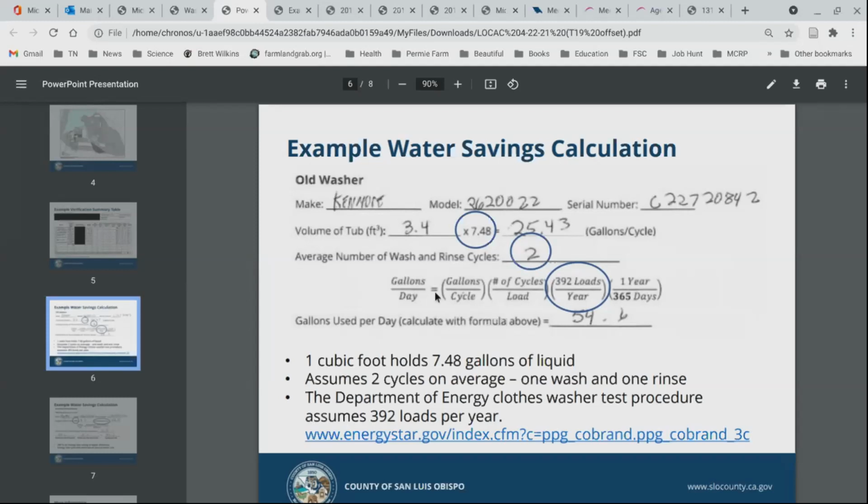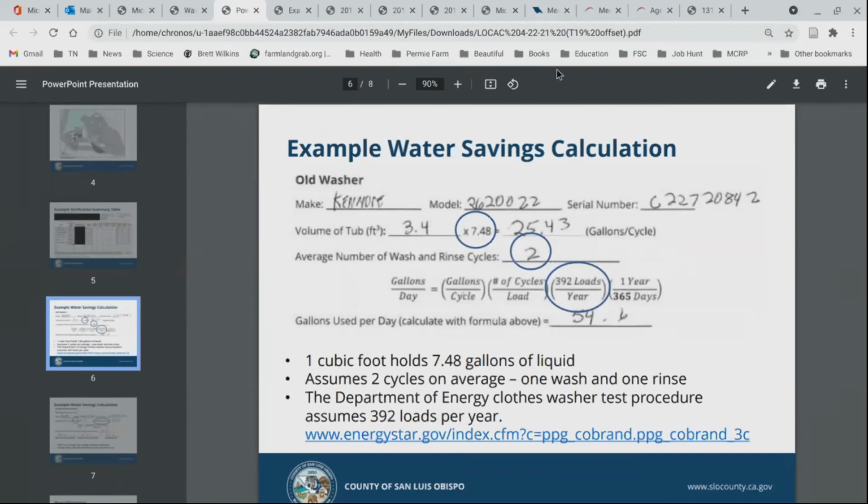So you're going to be changing the 392 loads to 200. We're in the process. We're still talking to see what the most appropriate number is based on the usage data for Los Osos, as you said, there are a lot of variables to consider in trying to best estimate the water savings. Okay.